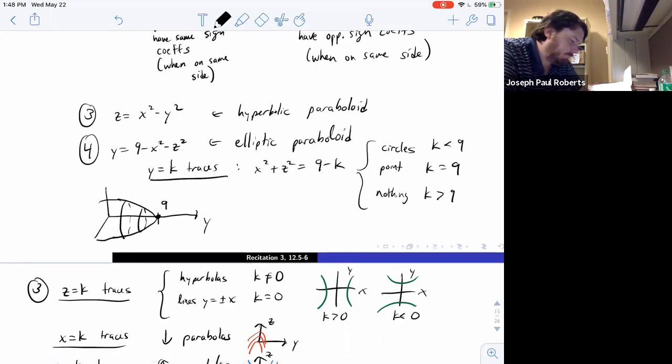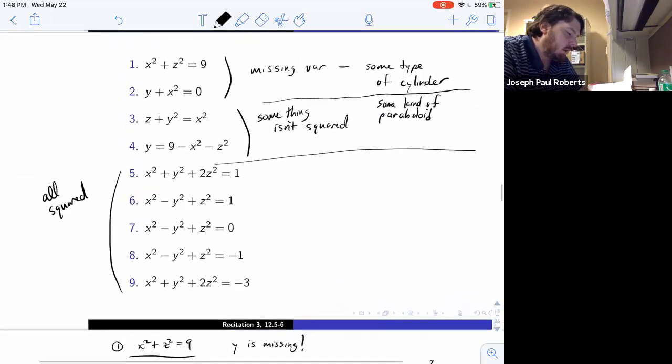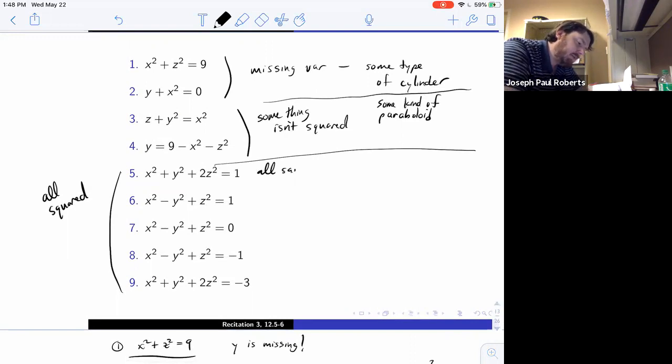All right. So let's look at what we have left. So all same sign for the squared variables. That's going to basically correspond to an ellipsoid.